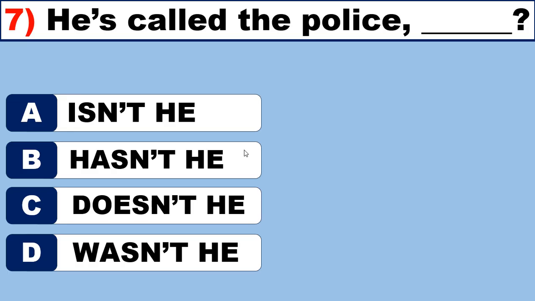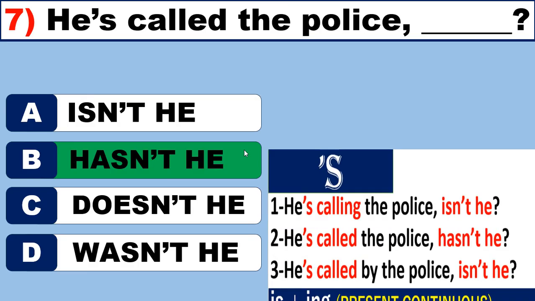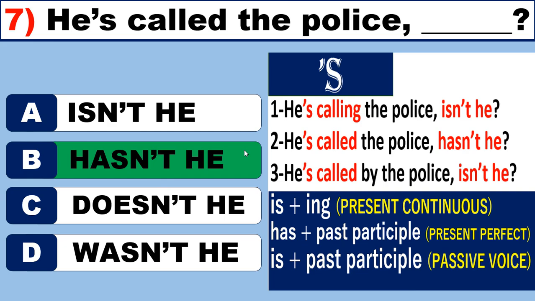So is and has are contracted by he apostrophe s. So the first challenge is to know whether it is is or has, then the form negative or affirmative. And here the sentence is affirmative, so that question should be negative. So here it is has. Why has? Because we have a past participle.